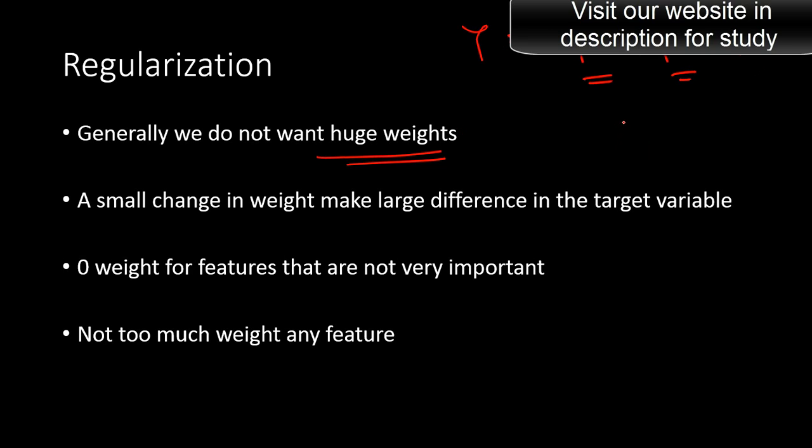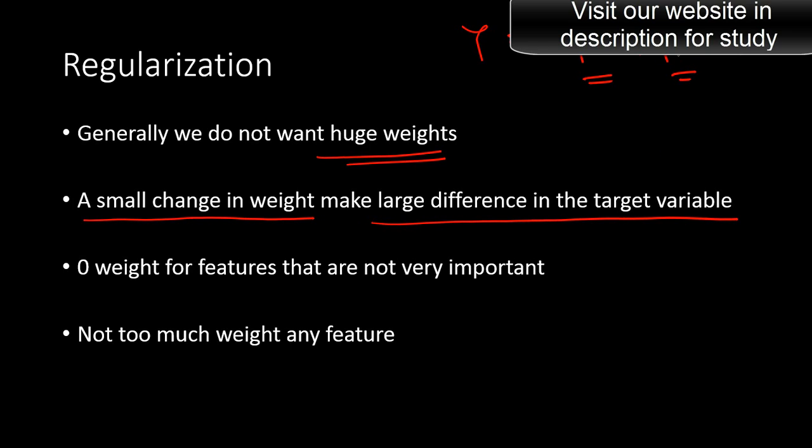This weight should not be very high. That's not expected in a model. The reason is that if beta naught, beta 1 or beta 2, these weights are very large, then even a small change in the weight can potentially make a large difference in the target variable, right?